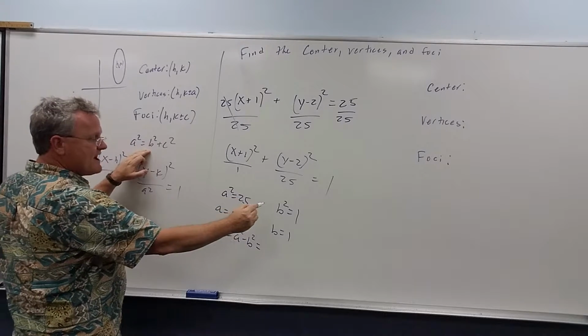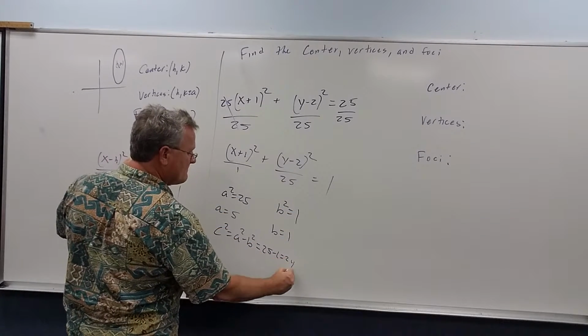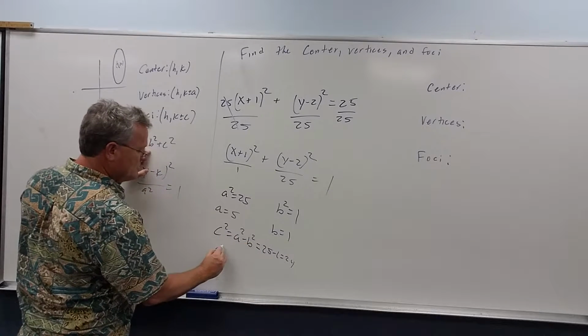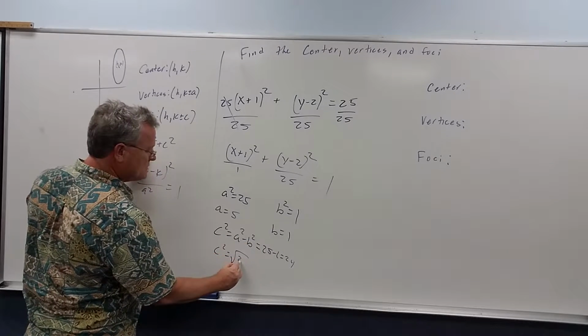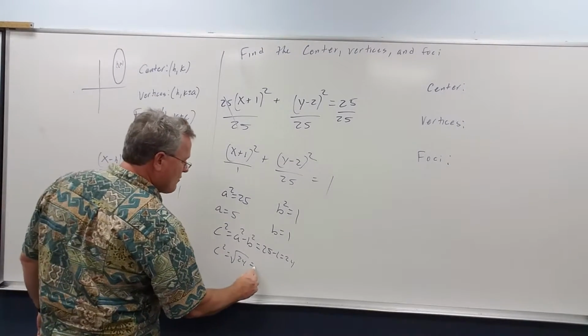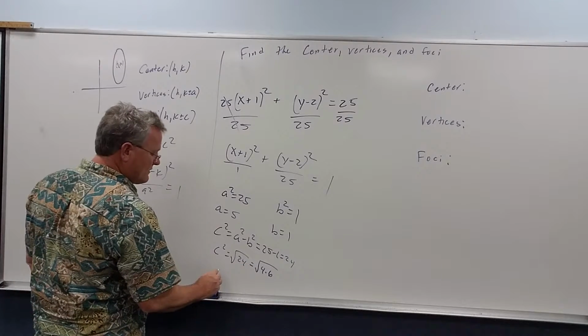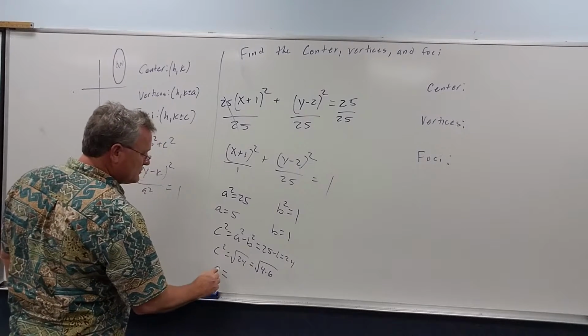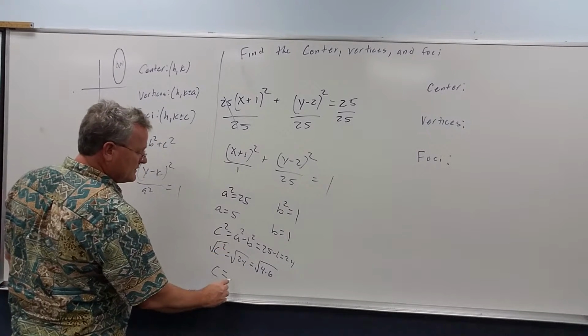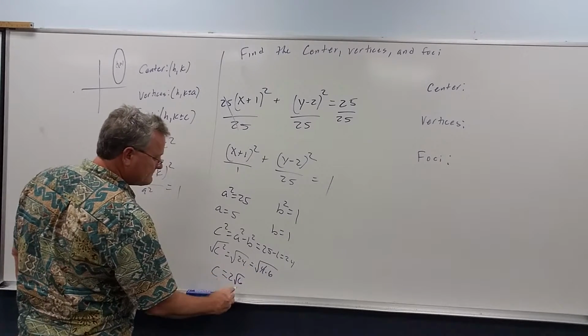So we get 25 minus 1, which is 24. Take the square root of both sides, we get the square root of 24. But let's simplify that. 24 we can think of as 4 times 6. The square root of 4 is 2. So c is 2 times the square root of 6.